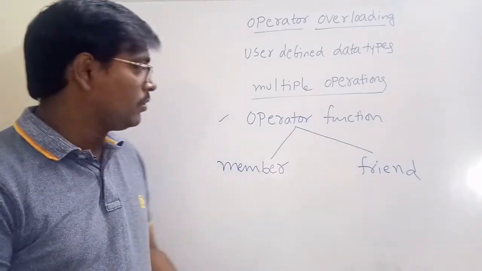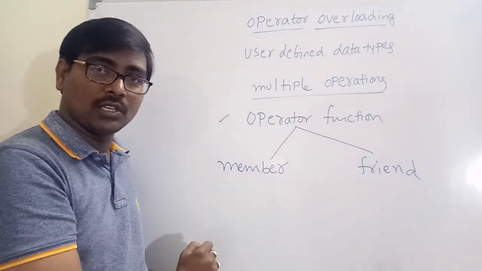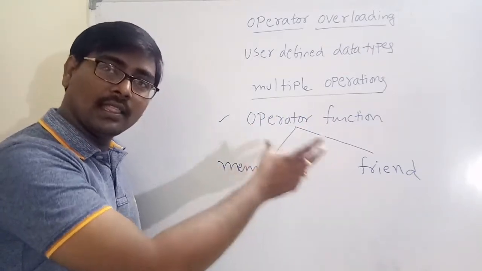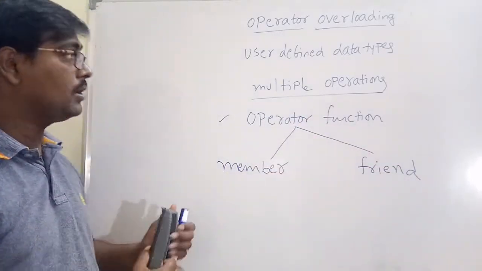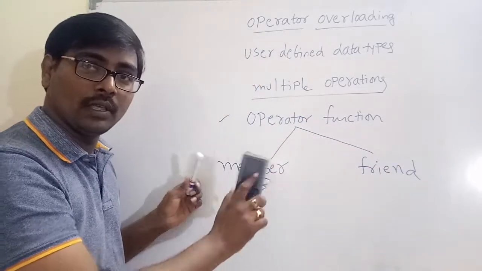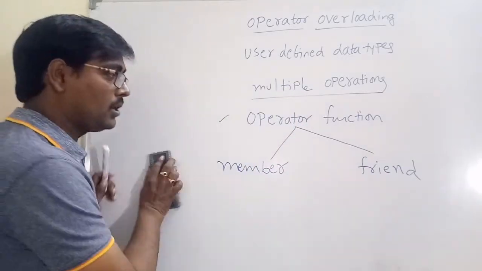First we will see the syntax of creating an operator function as a member function, and then we will do the operator function as a friend function. So what is operator overloading? An operator is defined for multiple operations.